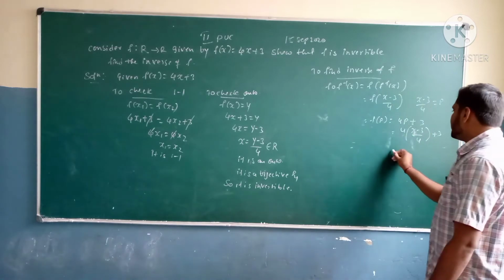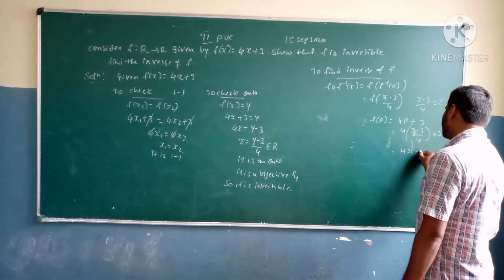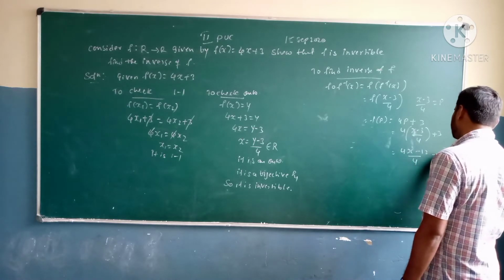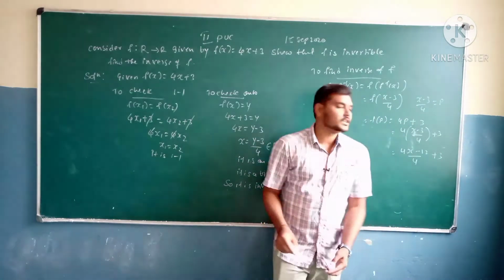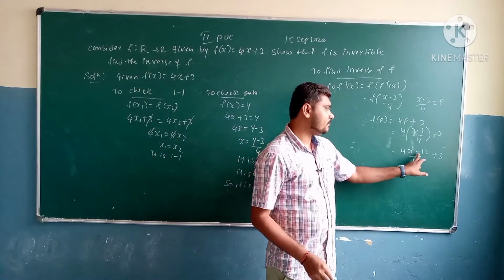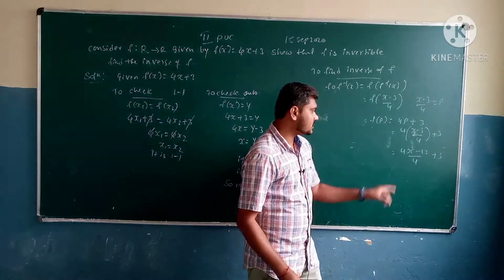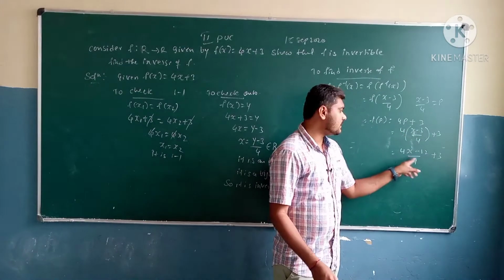So 4 into x minus 3 divided by 4 plus 3 is going to be 4x minus 12 divided by 4 plus 3. Because 4 is going to be multiplied with x and 3. So that's 4 into x, 4x minus 4 into 3, that's 12, divided by 4 plus 3.